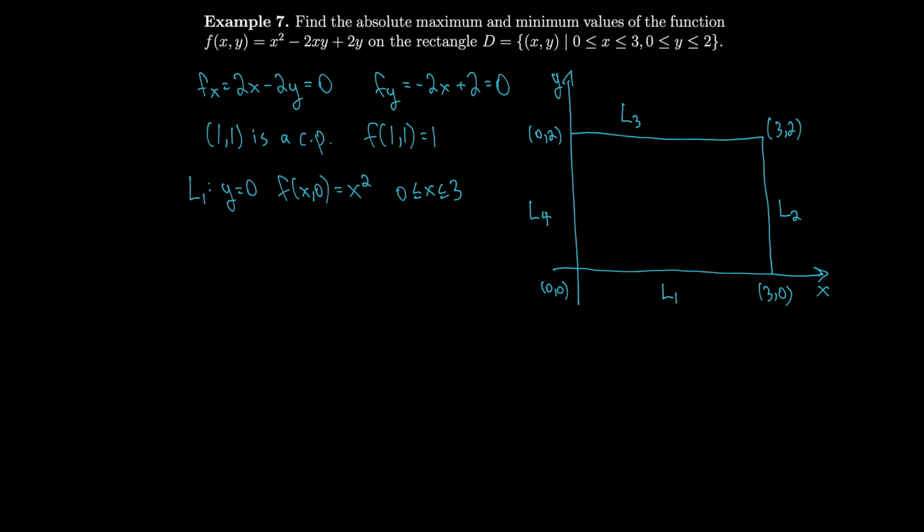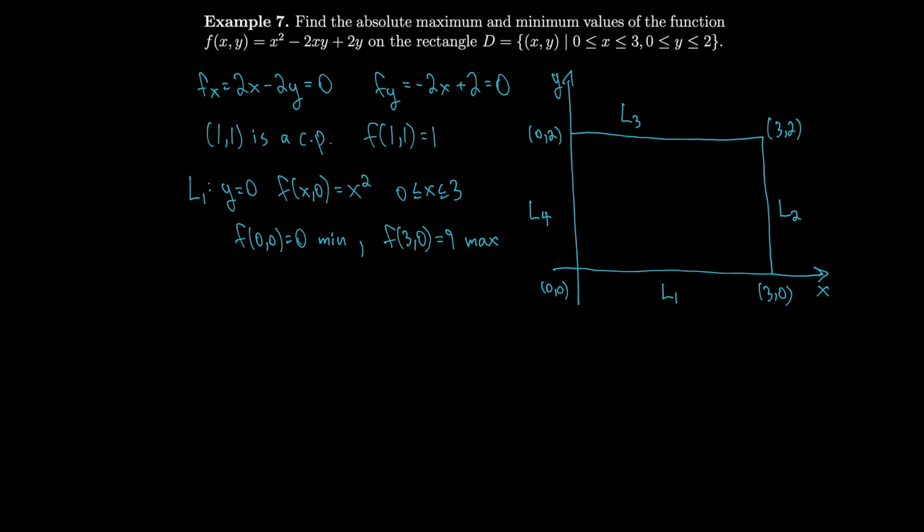So notice that's just the parabola y equals x squared from 0 to 3. f(0, 0) = 0 is a minimum, and f(3, 0) = 9 is a maximum. You can also see that because x squared is increasing, so its minimum must be at the end 0 and its maximum must be at the end 3.